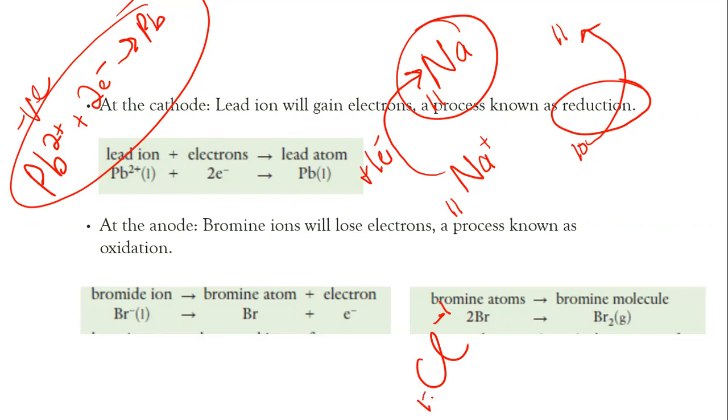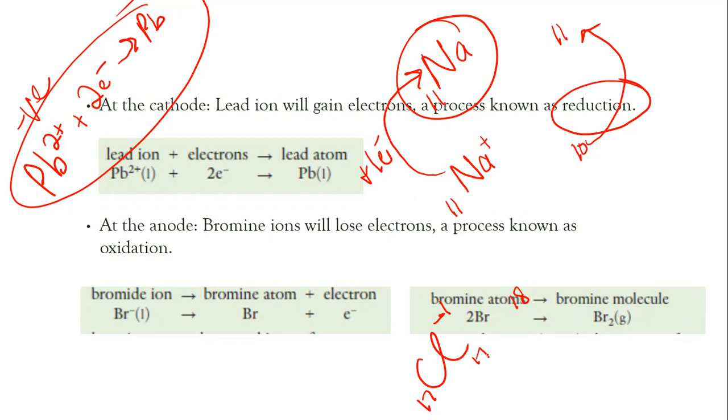Chlorine has 17. Okay. So when it gets a charge of -1, the number of electrons will go from 17 to 18 because it has gained an electron. That's why it has a charge of -1, because it has one more electron than before.